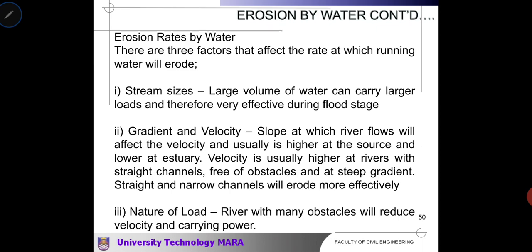The slope at which a river flows affects the velocity, which is usually higher at the source and lower at the estuary. Velocity is higher in rivers with a straight channel, free of obstacles, and at a steep gradient. A straight and narrow channel will erode more effectively. Number three, nature of load. A river with many obstacles will have reduced velocity and carrying capacity.